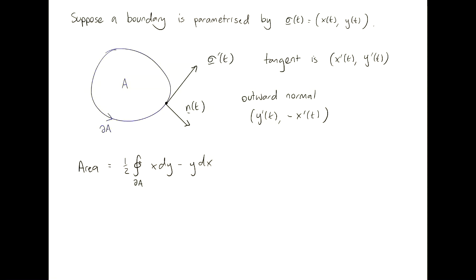That is a true fact, which is equal to a half of the integral in the positively oriented direction of x of t, y of t, dotted with y dashed of t, minus x dashed of t, dt. Okay, so I've just rewritten this integral in this form.